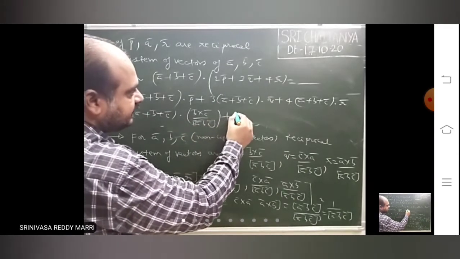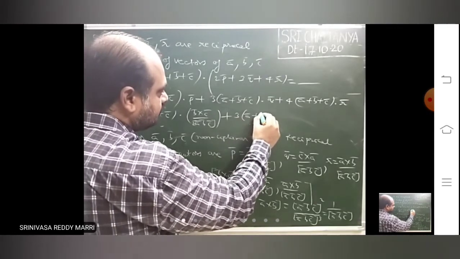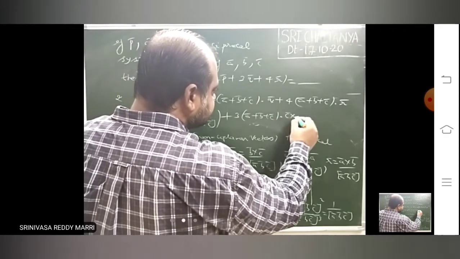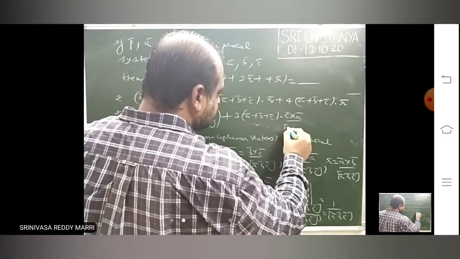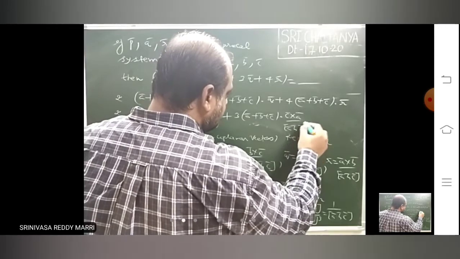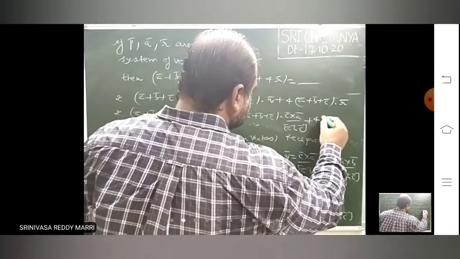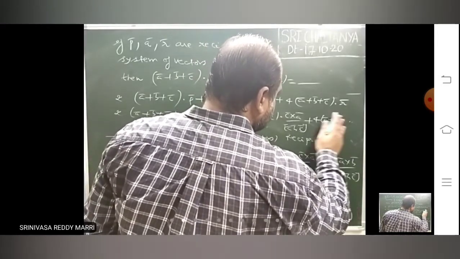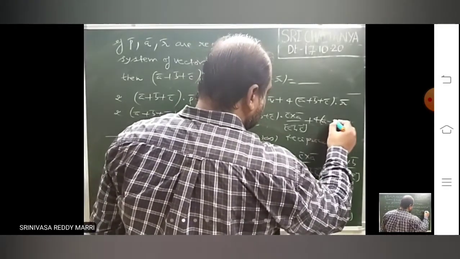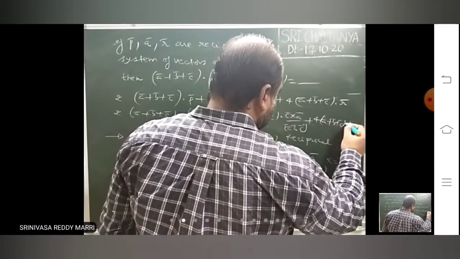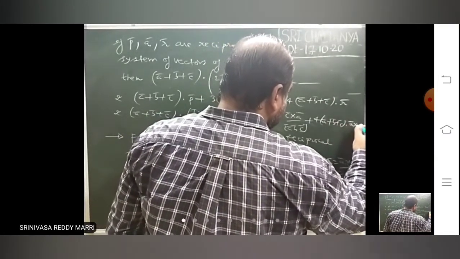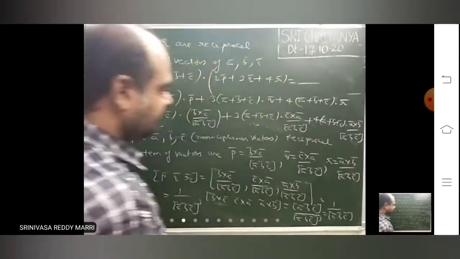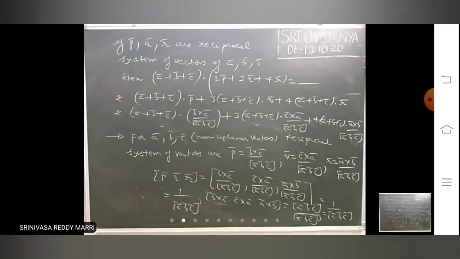This plus 3 into Q bar, plus 4 into R bar, which is A bar cross B bar divided by this. So substitute those.